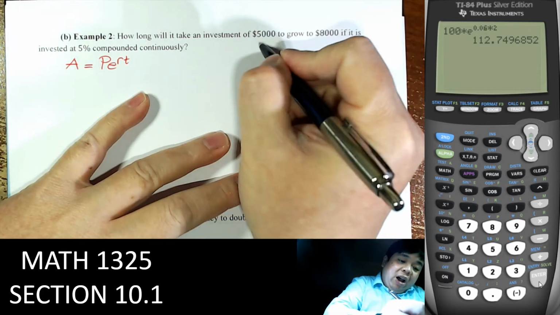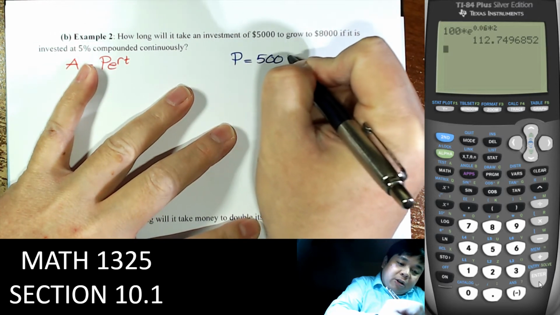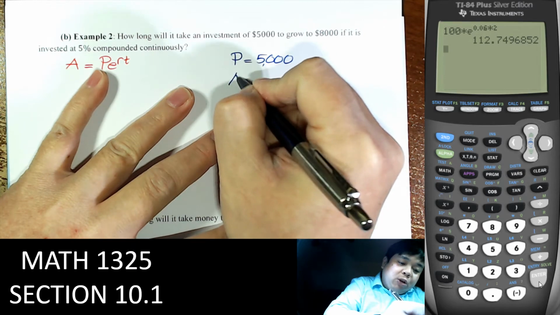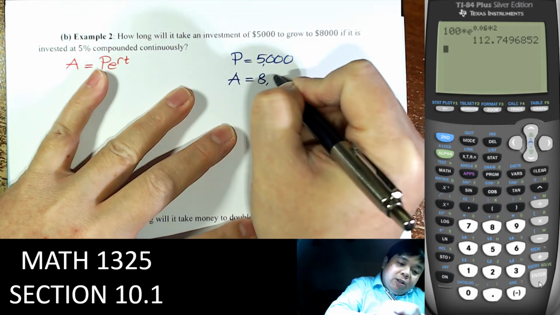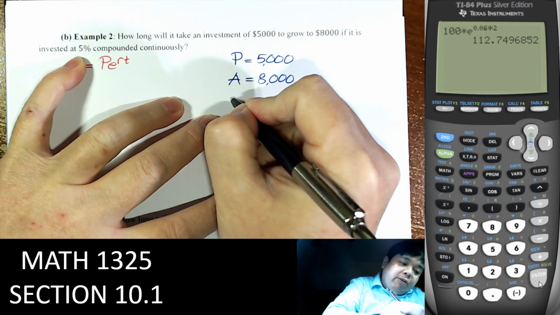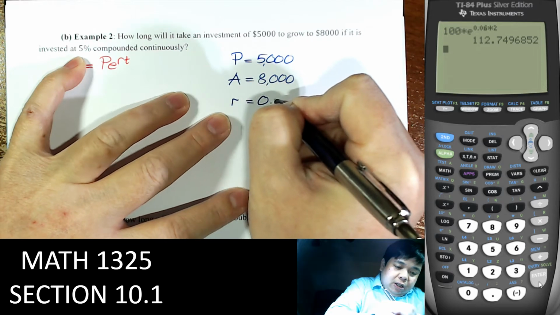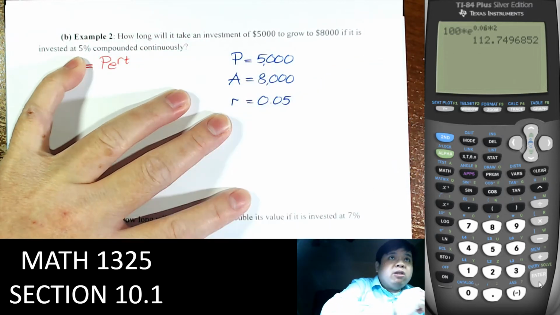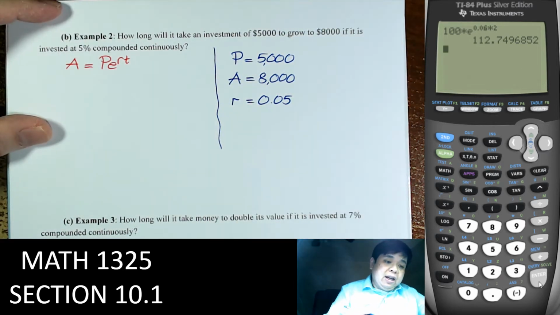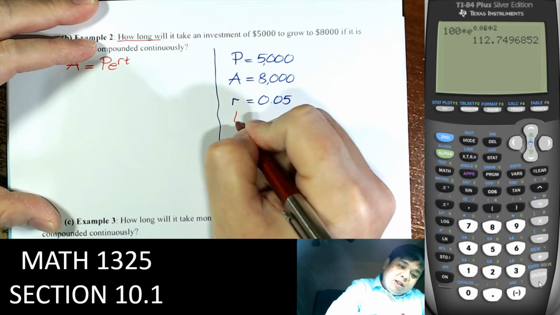We have the investment or principal of 5,000 and it grows to 8,000, so that will be the future value. It is invested at 5%, we write 0.05. And the question is how long? That means asking for time.